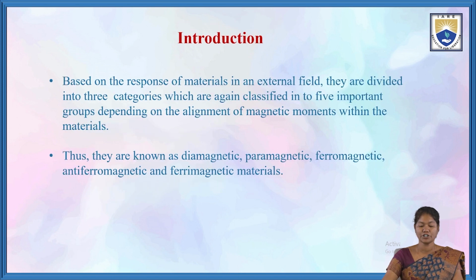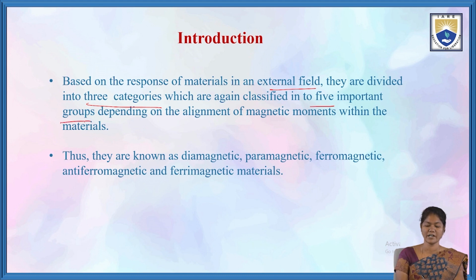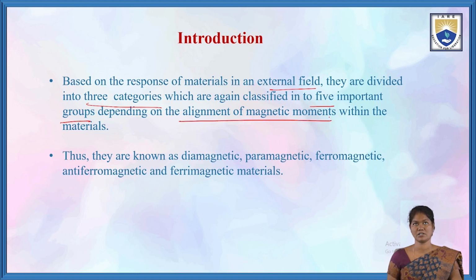So in this introduction part, based upon the response of the materials when placed in an external field, they are divided into three categories. These are again classified into five important groups depending upon the alignment of magnetic moments within the materials.